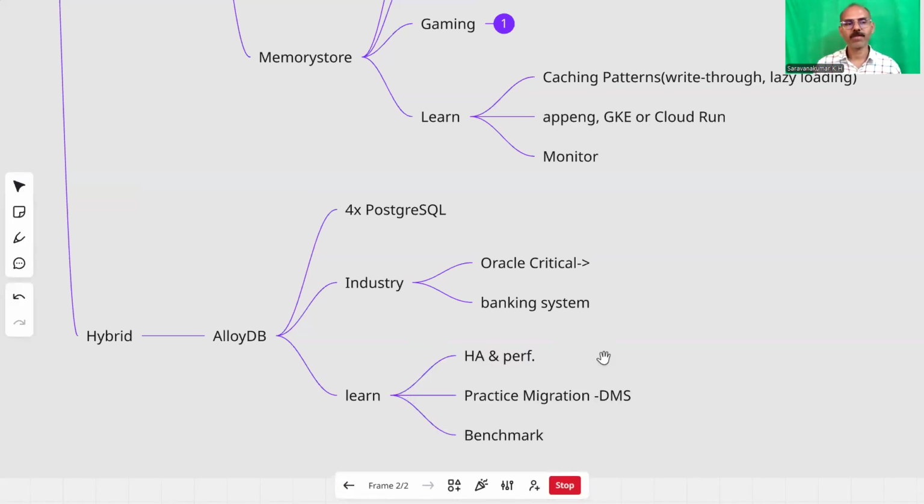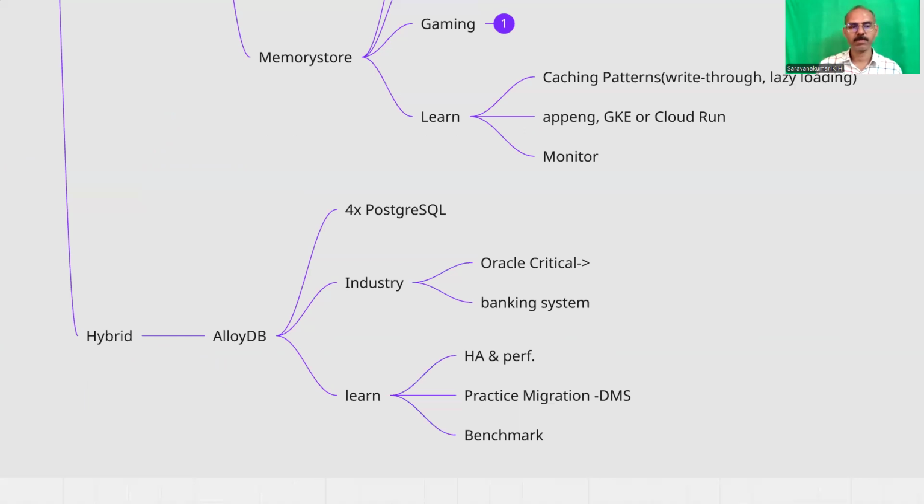And also you will have to deep dive into high availability and performance. Performance tuning is one of the key things that you will have to upskill yourself on, and you need to understand it with the help of data migration services. For the practical part, you will have to practice migrations, and what strategies can be utilized for migrations, etc. And we also need to understand the benchmark, because this is helpful in terms of context search also.